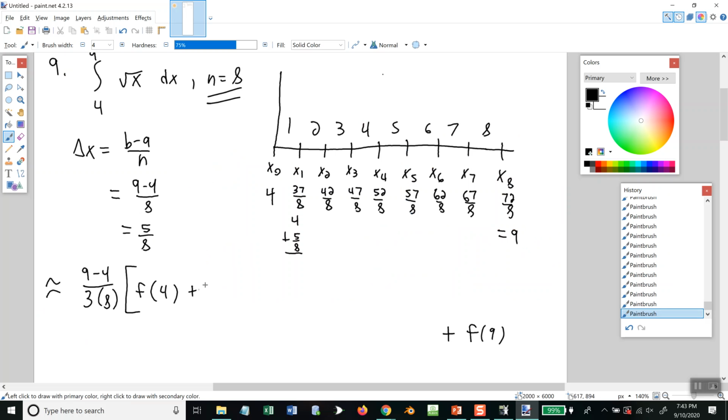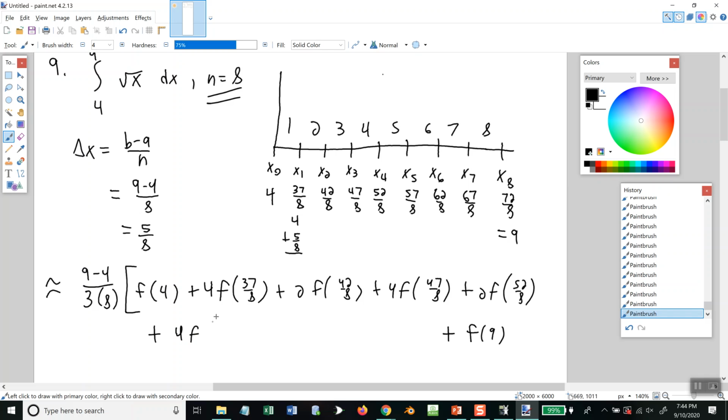So this is going to be plus 4 f of 37/8 plus 2 f of 42/8 plus 4 f of 47/8 plus 2 f of 52/8 plus 4 f of 57/8. I'm screwing something up.